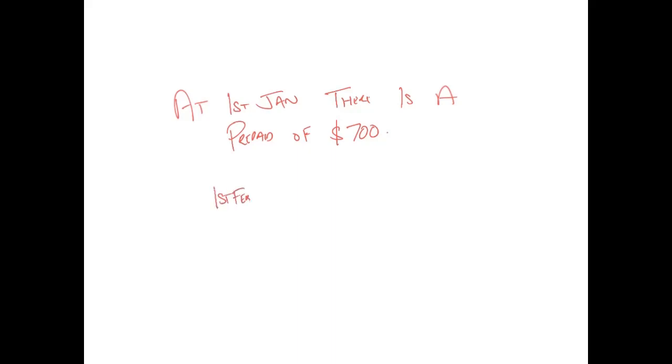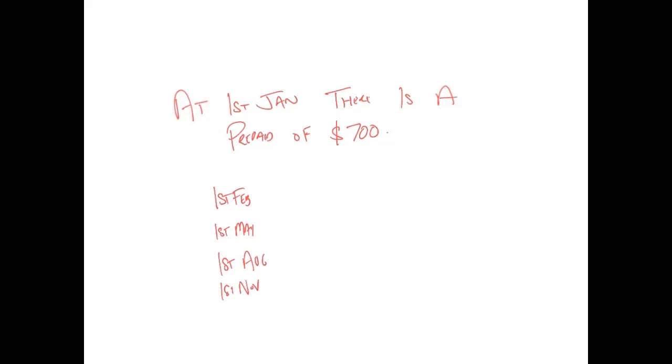So for example, if I tell you that at 1st January there's a prepaid of $700, and let's say we make the payments quarterly in advance, and we pay on 1st Feb, 1st May, 1st August, and 1st November. These are the payments we make.